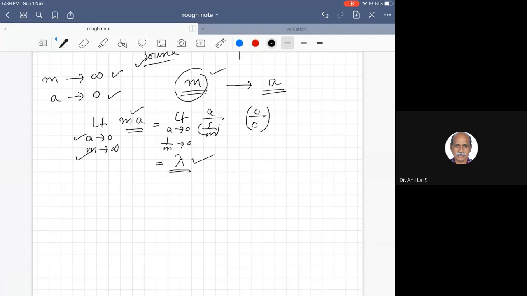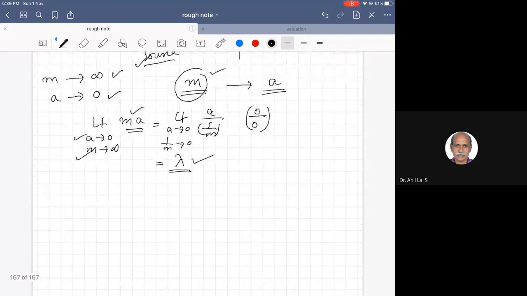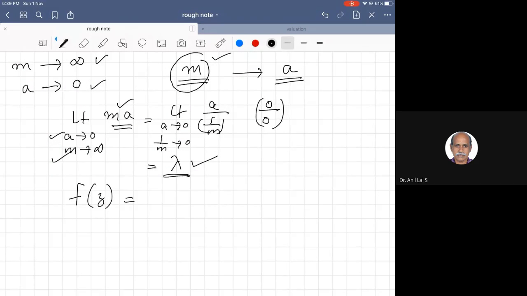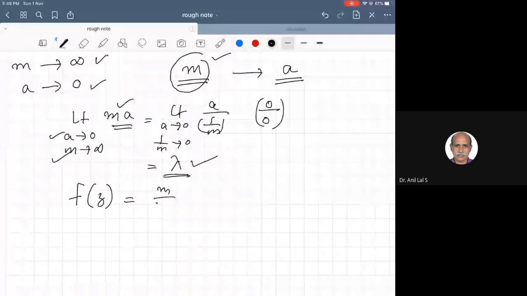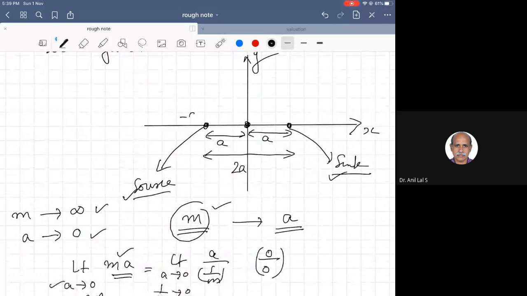This is also a flow singularity, and such a flow singularity is called a doublet. Now our first aim is to find the complex flow potential for a doublet. So we have a source, for which the complex flow potential we know is m by 2 pi, and the source is placed at the point minus a, 0.